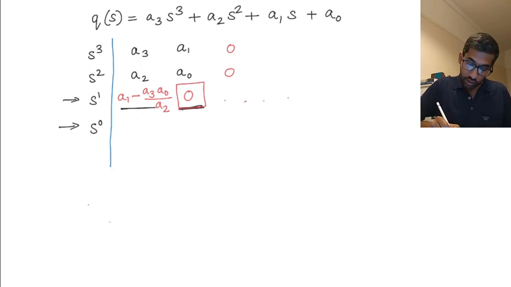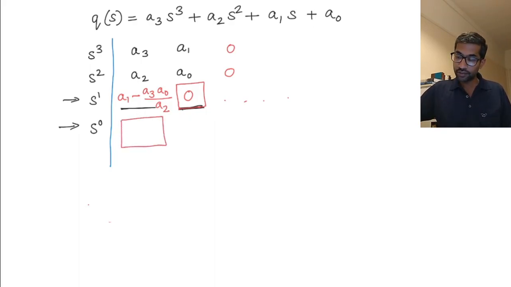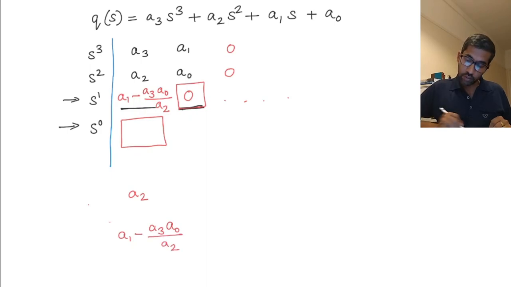Okay, so let's try to evaluate the value at this place. How do we evaluate it? We take the two values from the first column of the Routh array, so a2 and a1 minus a3 a0 divided by a2, and then I take the two values in the next column. So that's a0 and 0.